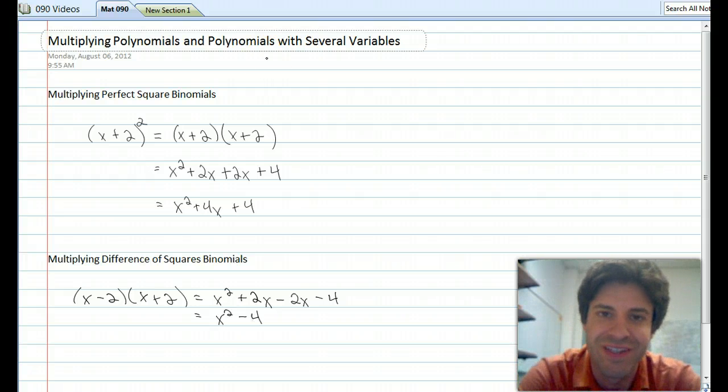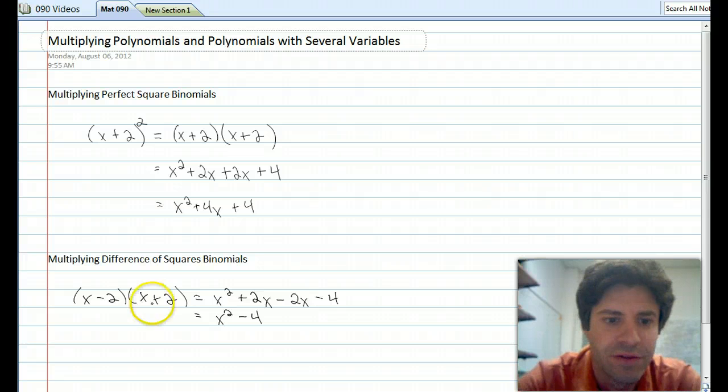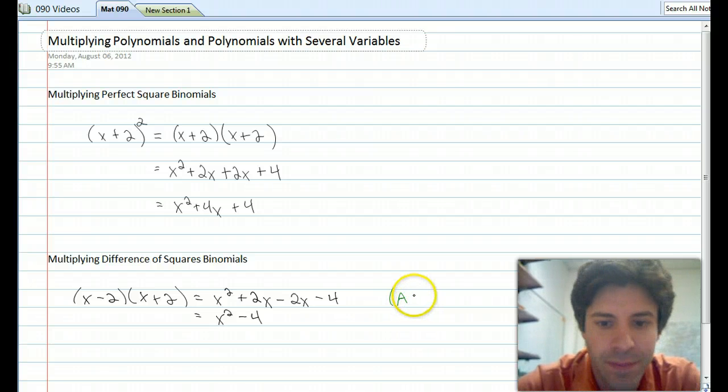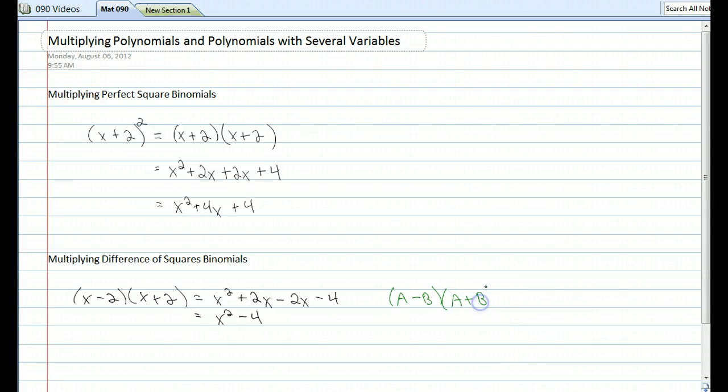Now what mathematicians like to do a lot is come up with formulas for these types of things. Let's come up with a formula for this difference of squares situation. So let's say we just had a minus b times a plus b. A now can represent anything, any number or variable or combination, and b can represent anything as well.